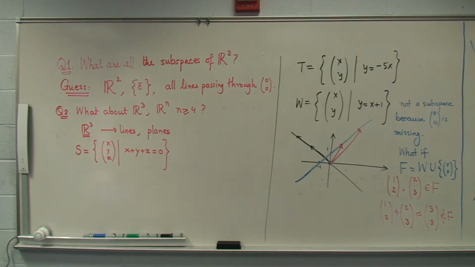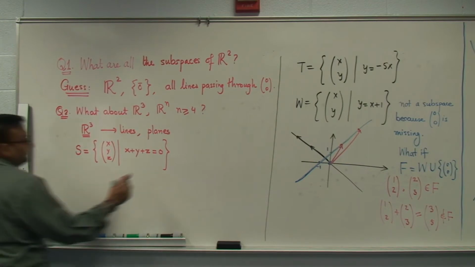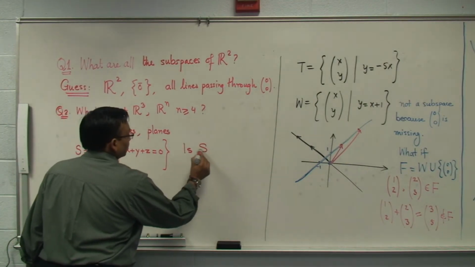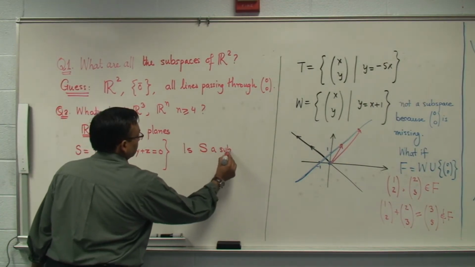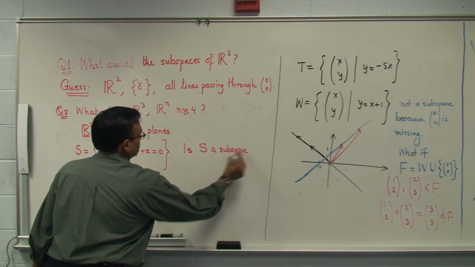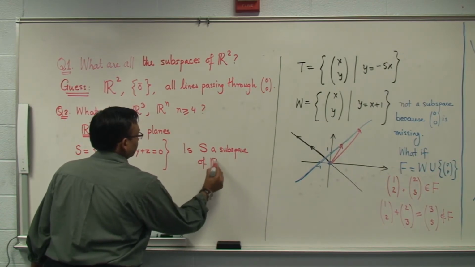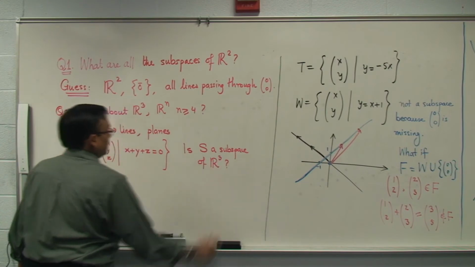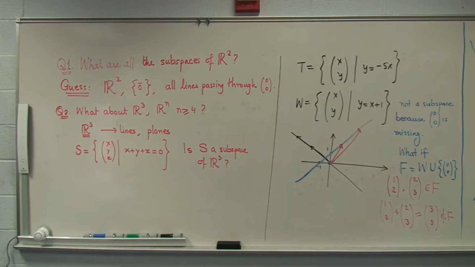Notice, I have chosen a plane which passes through the origin, so that at least I'm guaranteed that the 0 vector lies in my set. Is S a subspace of R3?